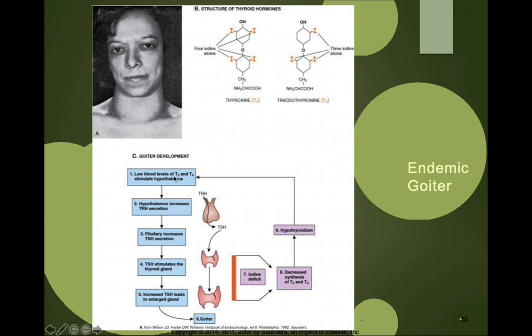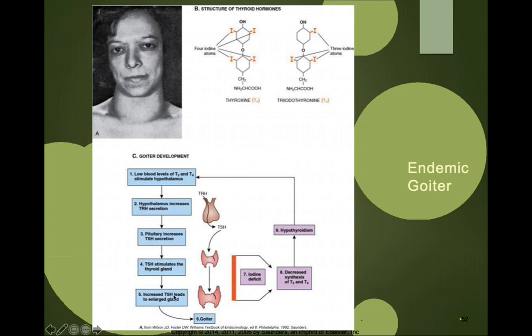There are low blood levels of T3 and T4 that stimulate the hypothalamus. It tells the hypothalamus to release thyrotropin releasing hormone that goes to the anterior pituitary, and thyroid stimulating hormone is released, and TSH stimulates the thyroid gland to push it out.